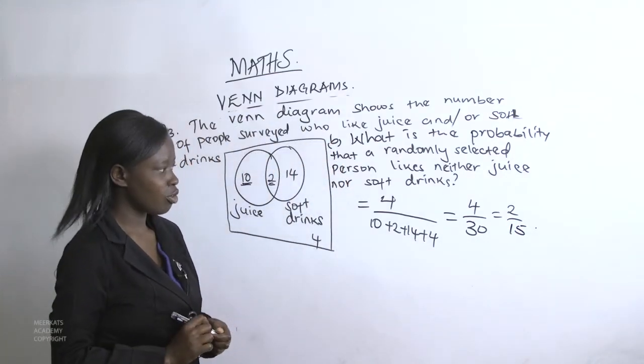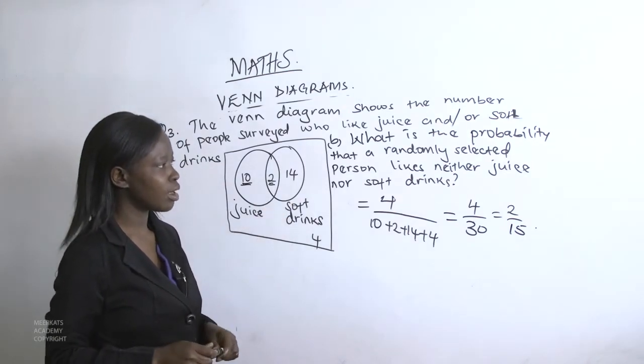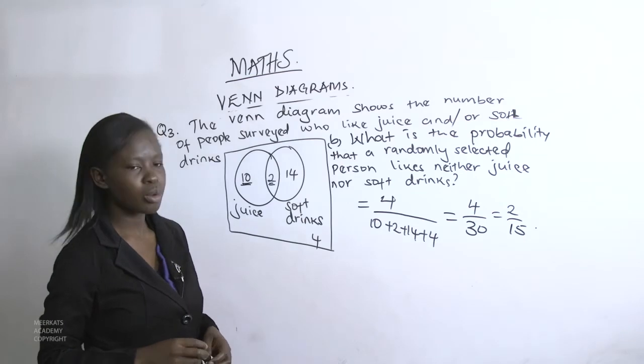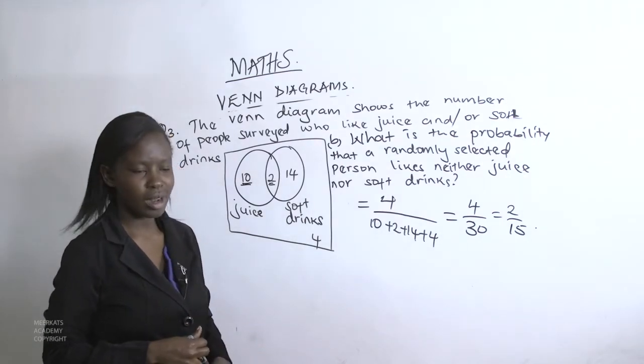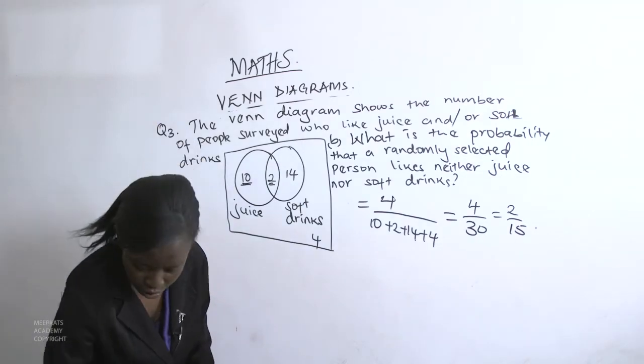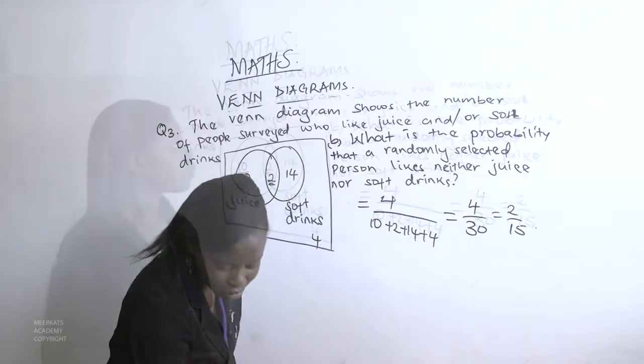So we have 2 over 15 as the probability that a person selected randomly will be a person who does not like juice and at the same time does not like the soft drinks. So we have 2 over 15 as our probability.